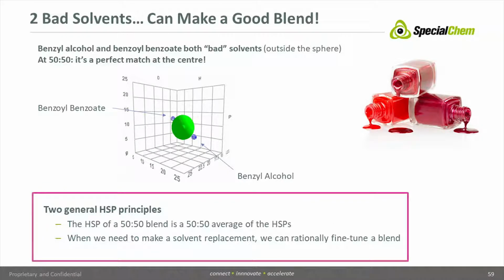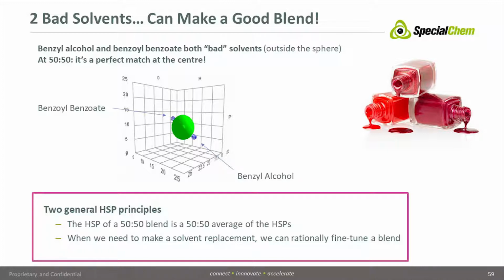This tells us of two general HSP principles. First, the HSP of a mix is simply the volume-weighted average of the HSP of the individual components. This means that we can get the HSP of, say, a cosmetic formulation, which itself is based on components that are mixtures. Second, when we need to make a solvent replacement, we are not restricted to single solvents.